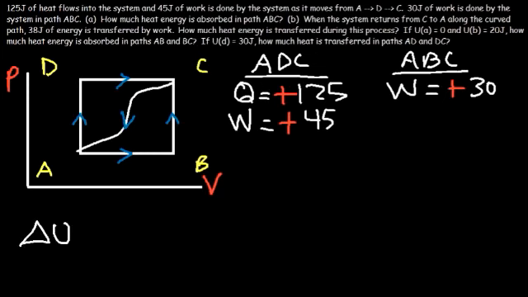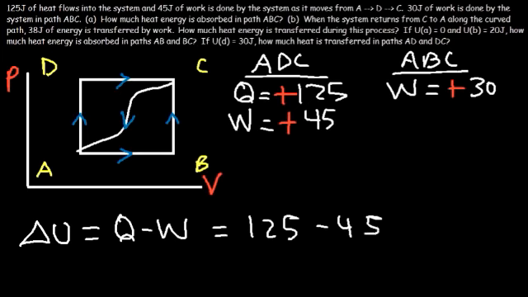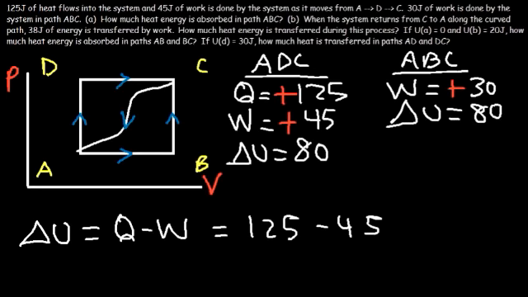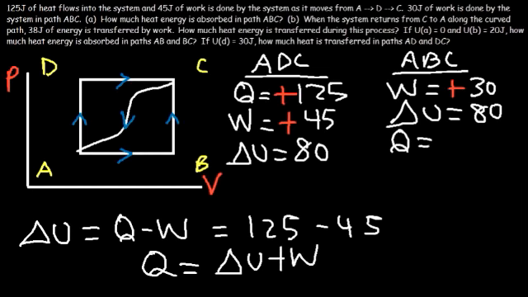Delta U is equal to Q minus W. So that's 125 minus 45, which is 80. We can use this value for path ABC. Solving for Q, Q is delta U plus W. So that's 30 plus 80. So 110 joules of heat energy was absorbed in path ABC.